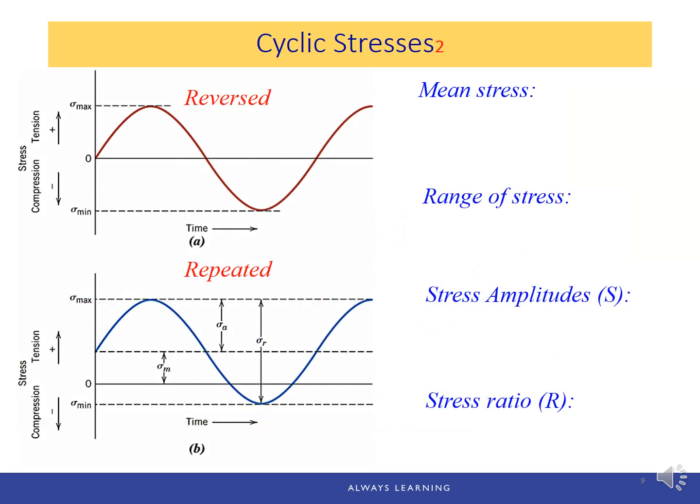Several parameters are used to characterize the stress cycle. They are mean stress, range of stress, stress amplitude, and stress ratio. The mean stress is the average of sigma max plus sigma min, and the symbol for mean stress is sigma m.